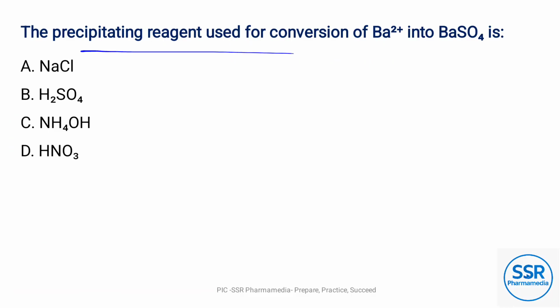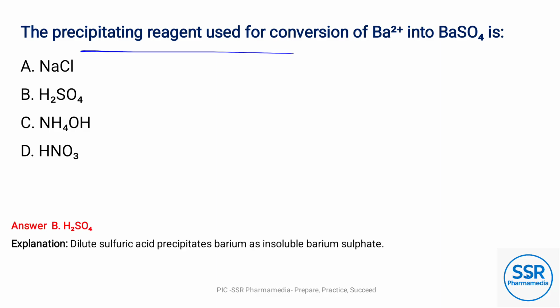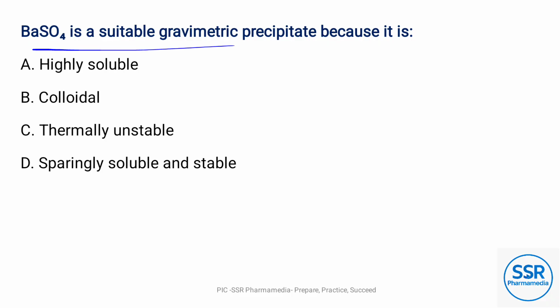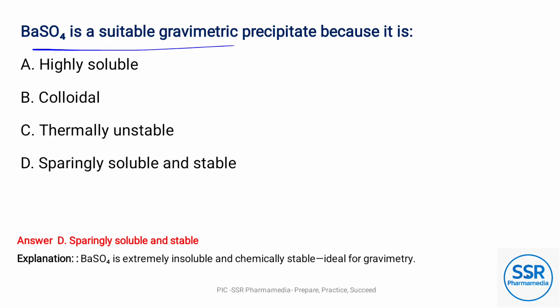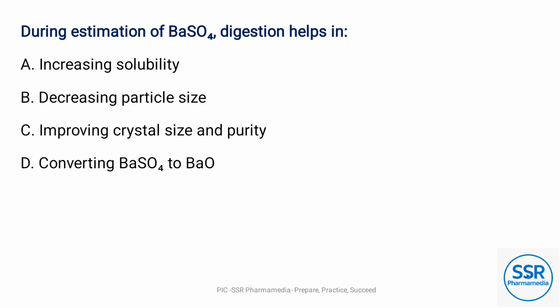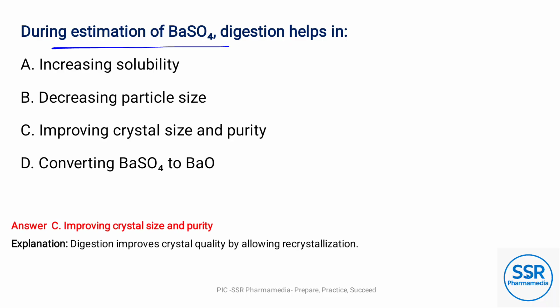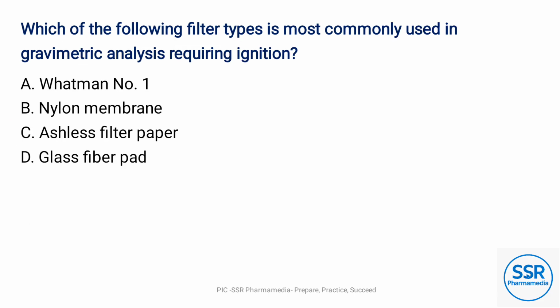The precipitating reagent used for conversion of barium into barium sulfate is option B, sulfuric acid. Barium sulfate is a suitable gravimetric precipitate because it is, option D, sparingly soluble and stable. During estimation of barium sulfate, digestion helps in, option C, improving crystal size and purity.